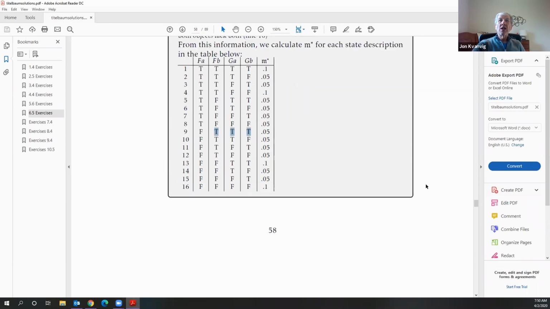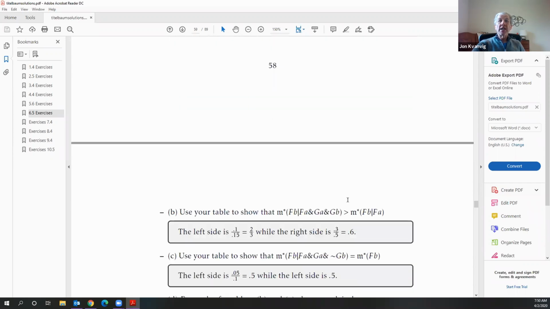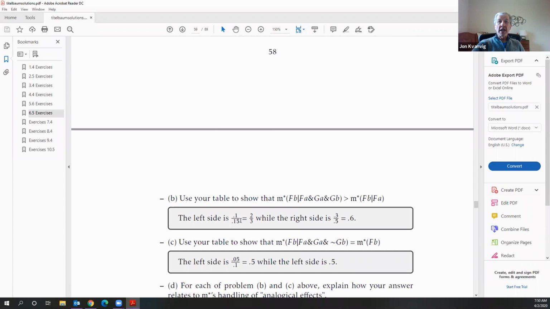Oops, I'm wrong. FB is the thing on which is conditioned the conjunction of FA, GA, and GB. So line 1 is an FA, GA, GB line. And the other one is line 5, FA, GA, GB. So it has a probability of 0.05, so we sum the 2, and we end up with 0.15 in the denominator. So our answer is 2/3.